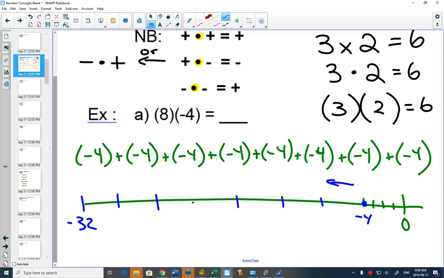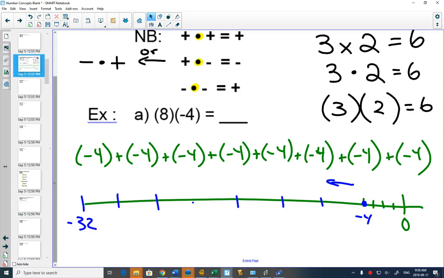Now, it's not very efficient to always have to count. So what we do is we say, if I recognize this is the pattern that happens, I have a positive number times a negative number, my answer is going to be negative, then I can just go to my regular times table and say, if I know what 8 times 4 is, 8 times 4 is 32.